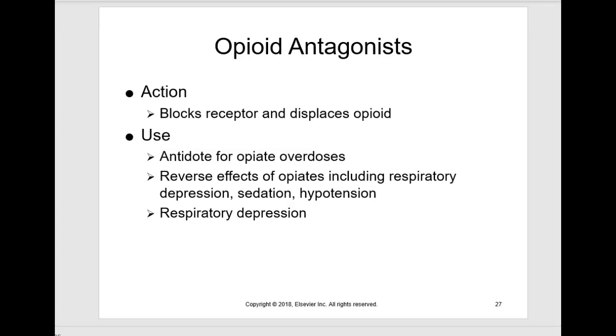An opioid antagonist blocks the receptor and displaces any opioid that would normally be at the receptor, which inhibits the opioid action. Naloxone is your prototype opioid antagonist. It can be given by IM or IV route. They can reverse the respiratory and CNS depression that is caused by opioids.